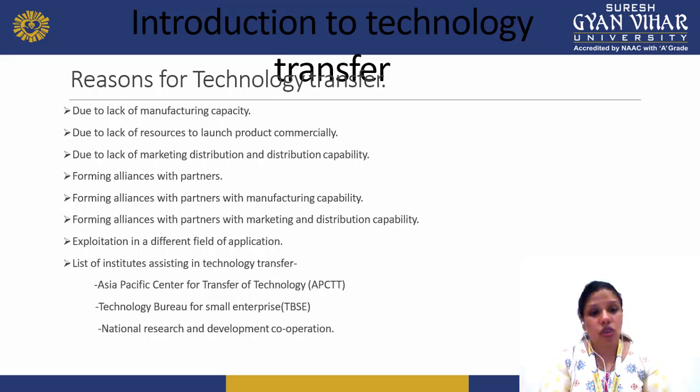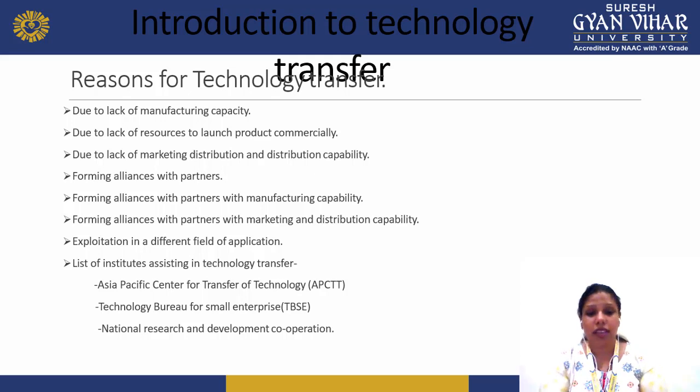Next is a list of institutes assisting in technology transfer. There is a list of institutes involved in technology transfer. First one is APCTT, that is the Asia Pacific Centre for Transfer of Technology. This is the first institute for technology transfer.